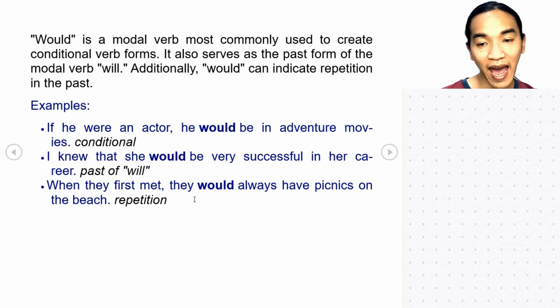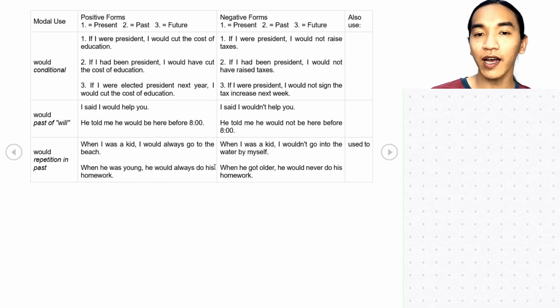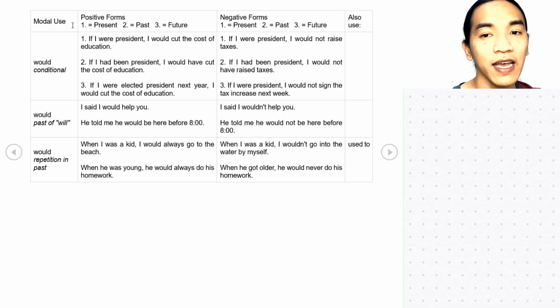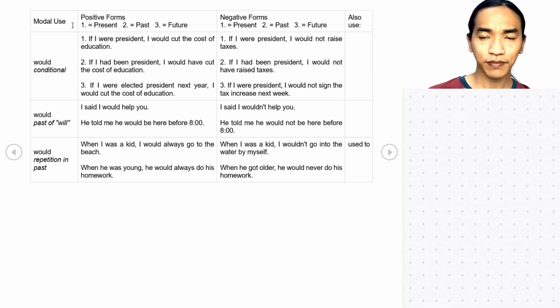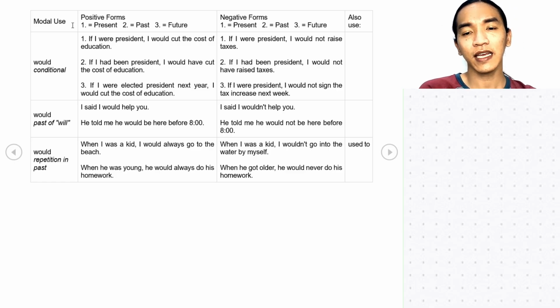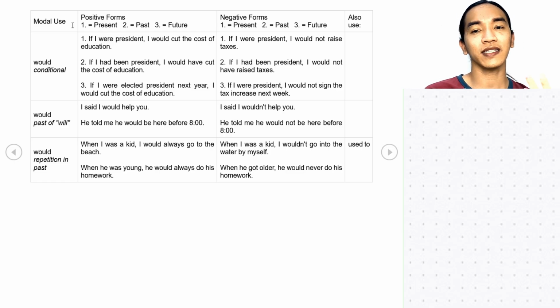Okay. Now, for us to better understand that, let's see this table here. So we also have the past, present, and future for would when we talk about conditional. Now, if we're talking about conditional pertaining to the present time, so let's see this example here.